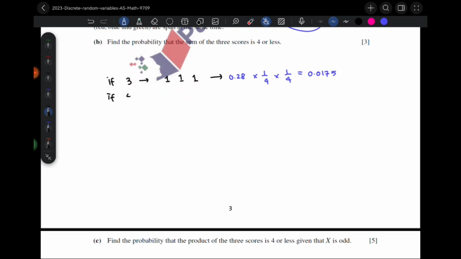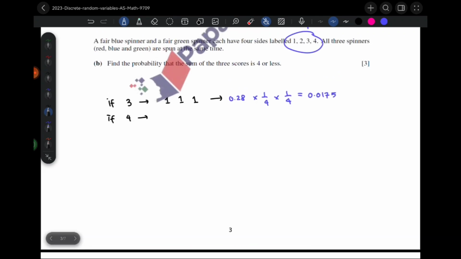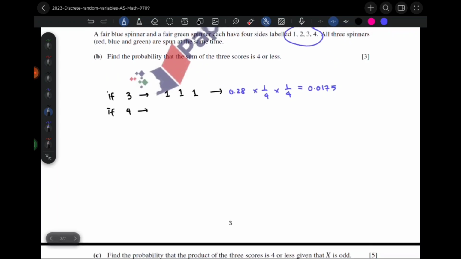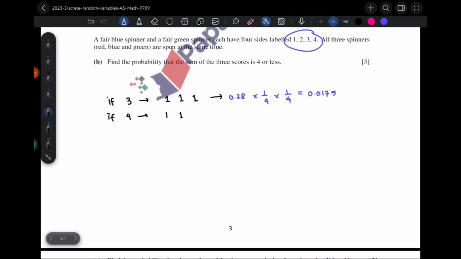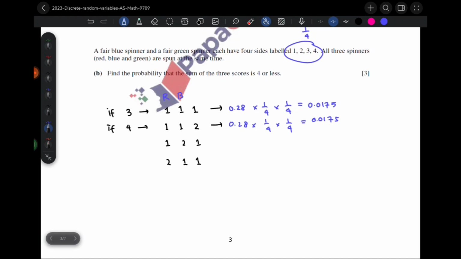And the second case, if the sum of all numbers is 4, it can be 112, or 121, or 211. For the first case we have 0.28 still, and 1/4, 1/4. I'm going to write this as red, blue, and green.